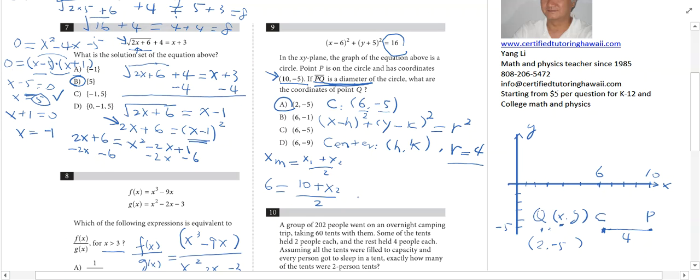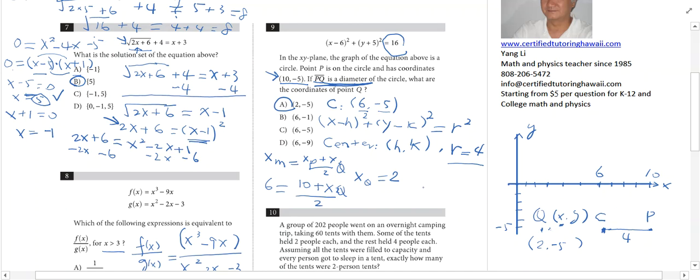I put the Q here to make it easier. If you solve this equation, the x coordinate of Q equals 2. Of course, since this is a horizontal line, the y coordinate is always −5.